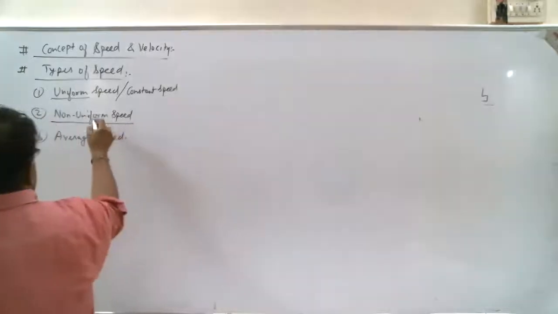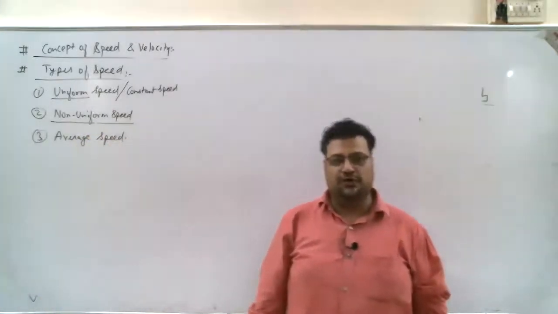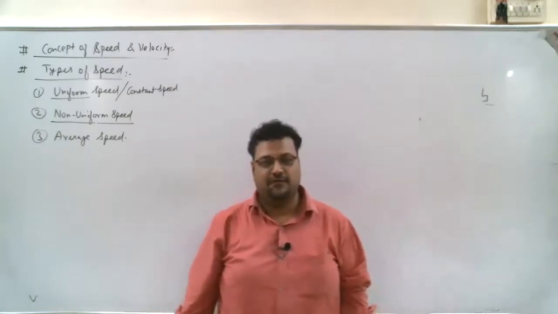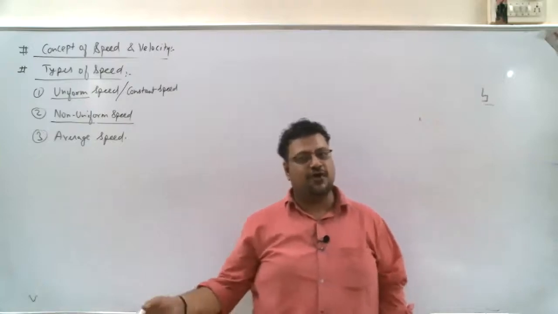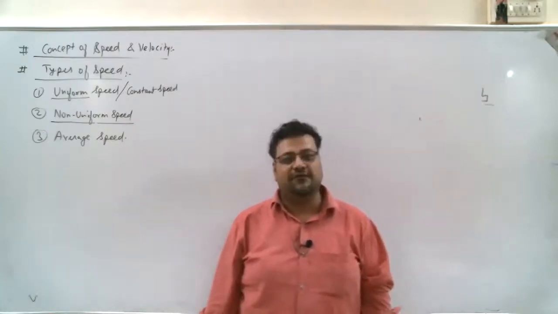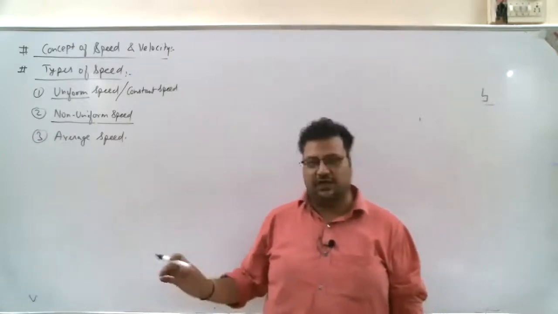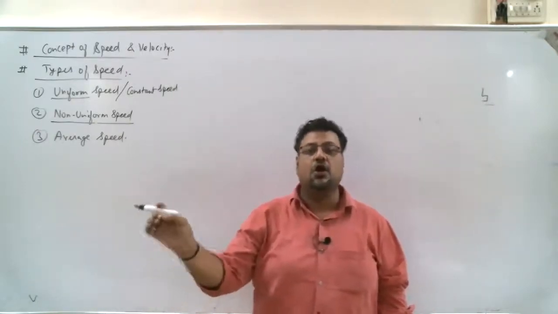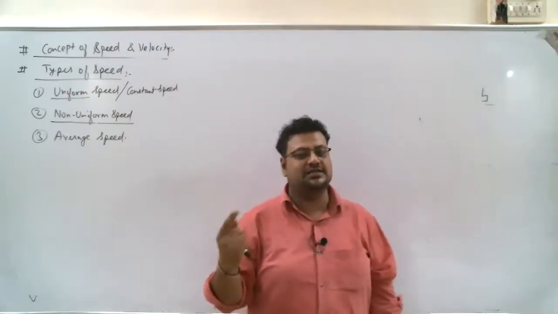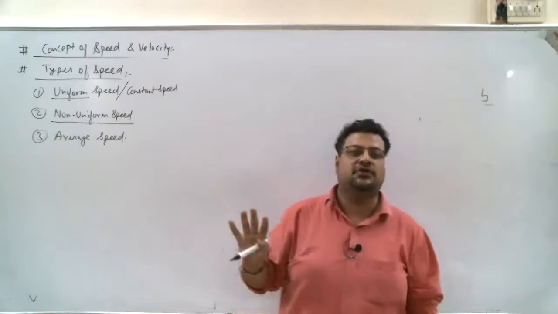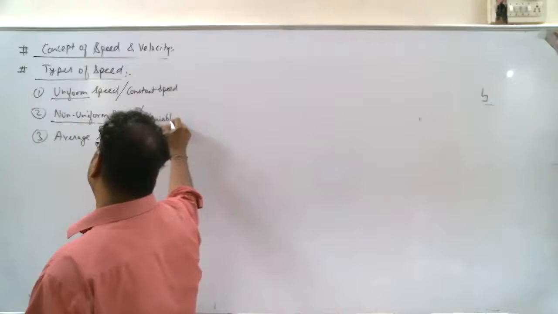Non-uniform speed is speed which is not uniform. On your birthday, you don't wear the school uniform, you wear different fancy dresses. That makes you non-uniform from all others. It means if the speed of the object changes during whatever duration you are observing, even if it has changed only a single time, we say that is non-uniform speed, or in other words, variable speed.